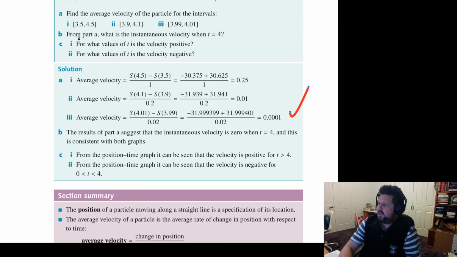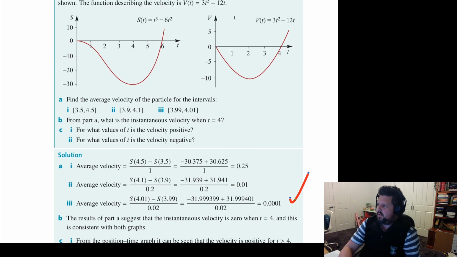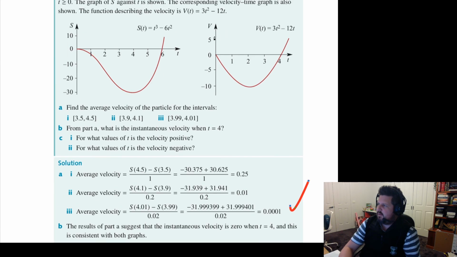Last but not least, it's saying, for what values of t is the velocity positive, and also for what values of t is the velocity negative. What we're going to be looking at here is the velocity time graph. You can see these values are negative here on this graph. Between 0 and 4, these are all negative values.